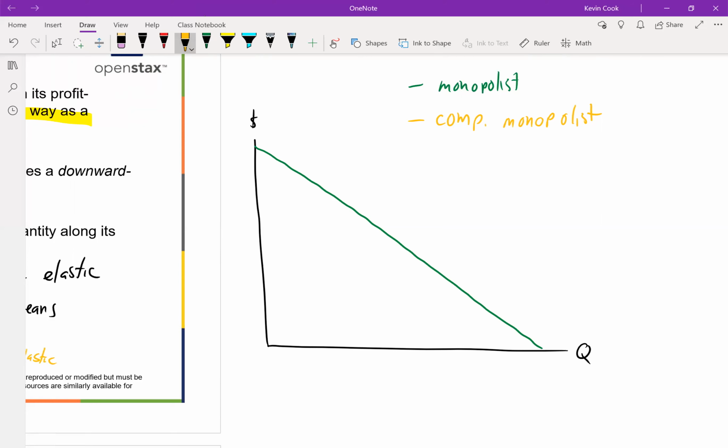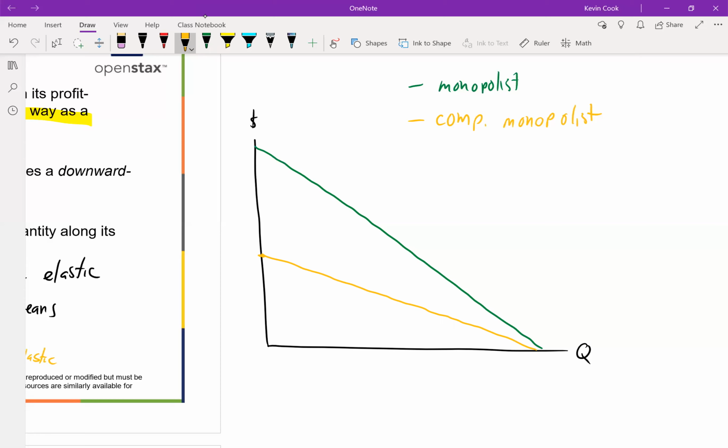However, the competitive monopolist will be one of a few firms and will take just a share of that market, but a decent share. So they might be able to do something like this. They're going to look something like that.